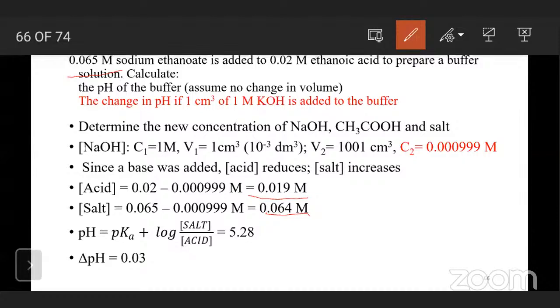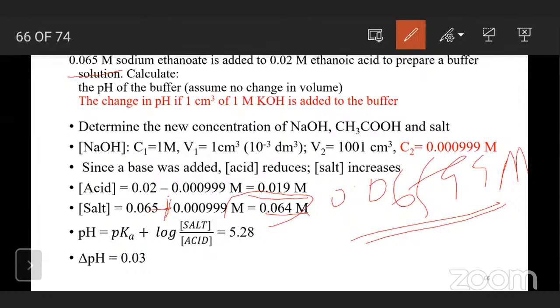I was supposed to add here, not subtract. If you try to add to that concentration of the salt, you will observe an increase. That will be 0.06599 molar.